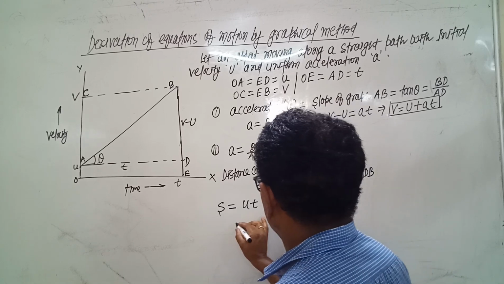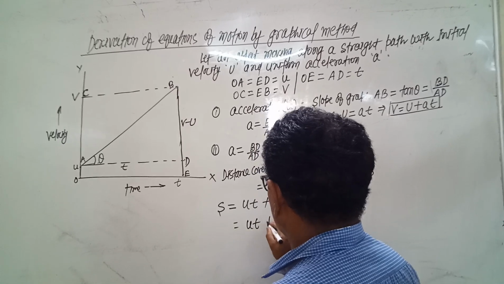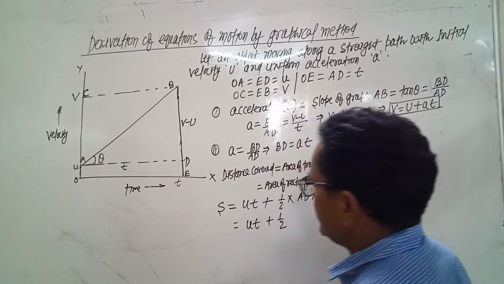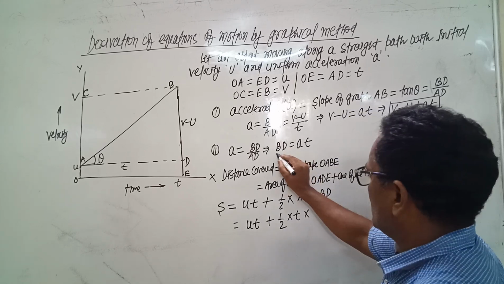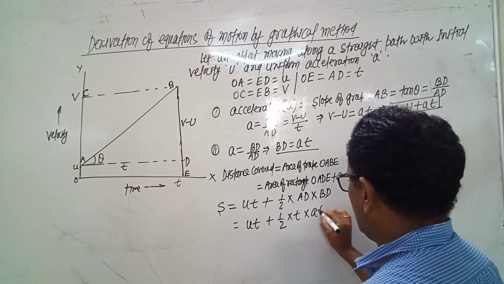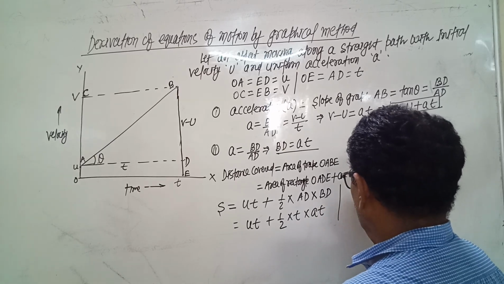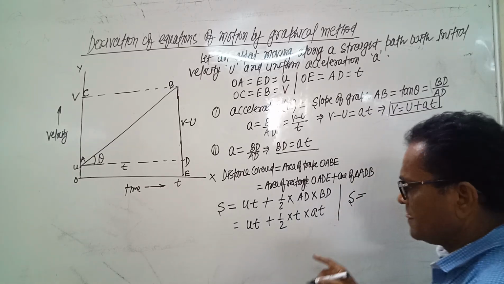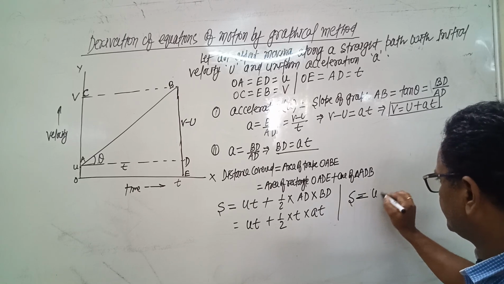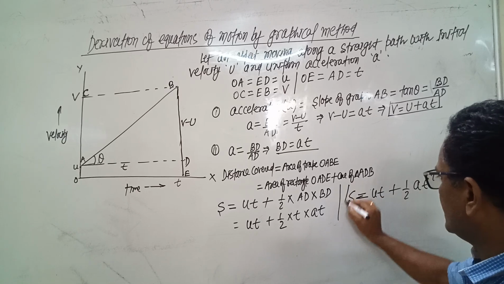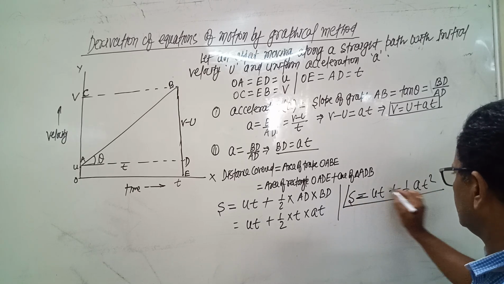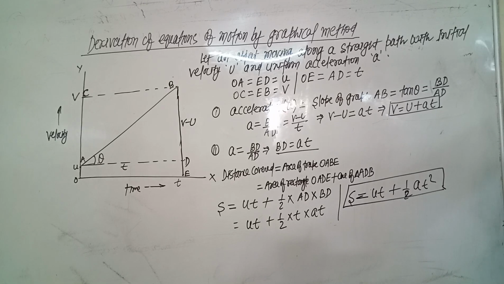So it comes UT plus half, AD is T, and the value of BD we have already calculated, A into T. So S comes to be UT plus half of aT square. This is the second equation of uniformly accelerated motion.